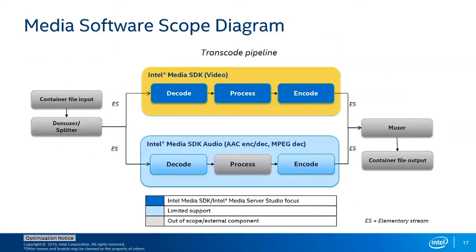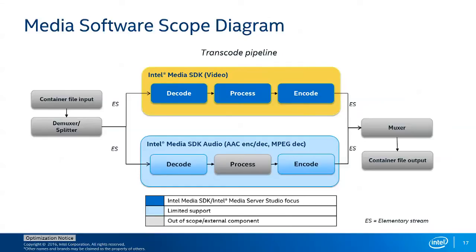So just wanted to zero in on the part of media that Media SDK covers. So looking at the traditional transcode pipeline, container support, demuxing, audio, network transport protocols, parallelization across multiple processors, everything.